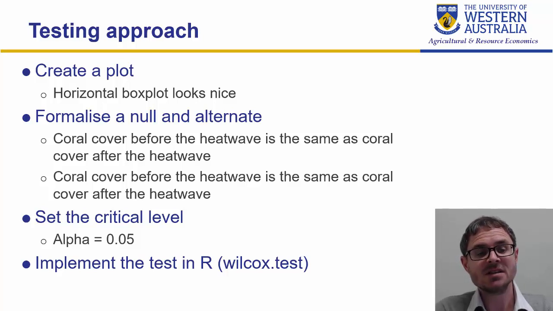The null: coral cover before is the same as after. So nothing about means, just the same before and after. The alternate: not the same before and after. Of course, we can look at the data to decide which one is larger, and we implement the test in R.